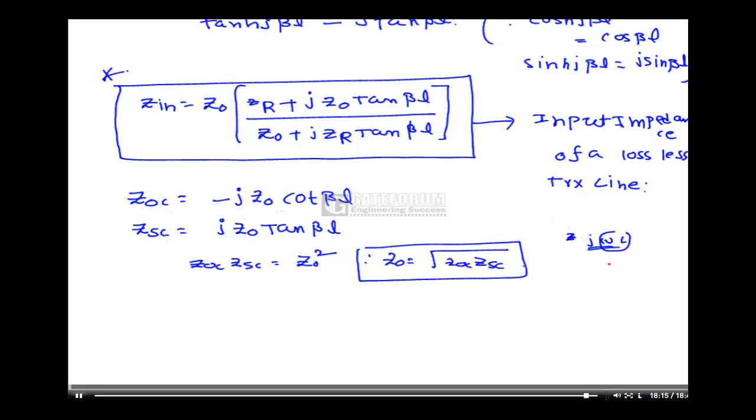Omega L is the reactive part. Similarly, minus j by omega C is the impedance of a capacitor. What is the reactive part? 1 by omega C, or minus 1 by omega C, is the reactive part. So if you observe, this open circuit impedance and short circuit impedance also look like reactances. Okay, we will discuss this more clearly in our later discussion.